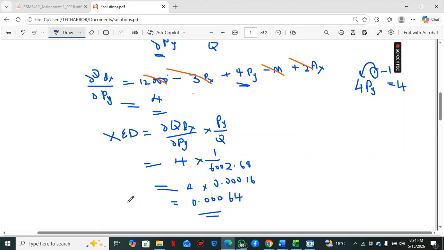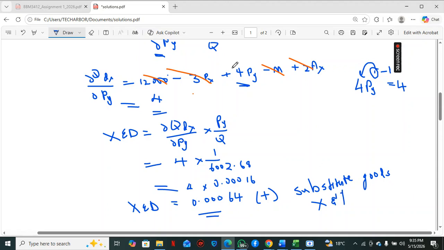Okay. So if your cross price elasticity of demand is positive, then you are dealing with substitute goods. X and Y are substitute goods.